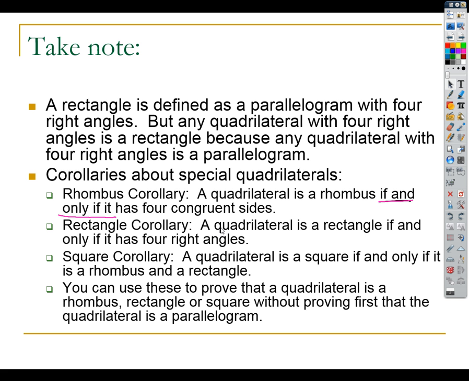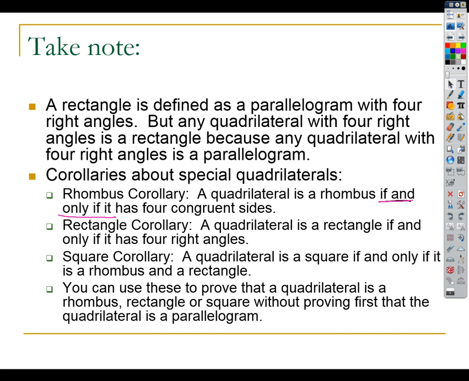the rectangle corollary then. A quadrilateral is a rectangle if and only if it has 4 right angles, right? So same kind of thing, I guess I kind of jumped around. That makes sense, right? Because if a quadrilateral has 4 right angles, how do you know immediately that it has to be a parallelogram? Because if what? Then parallelogram. What applies here?